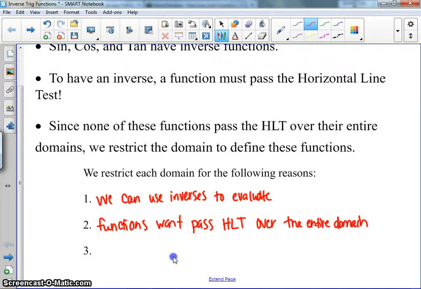And then third, because we're going to look at only certain values for each function, we're going to restrict them so that the function takes on its entire range of values over our restricted domain. And I'll talk more about this in just a second.